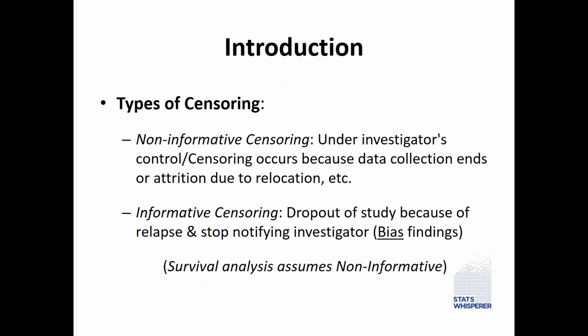And because we don't know that, we don't classify it that way, and it introduces bias in the findings. Right? So there's someone experiencing the negative event or the positive event even, and we just don't know about it because they dropped out because they experienced it. So we don't know it was experienced. Now, most survival analysis assumes that censoring is non-informative.